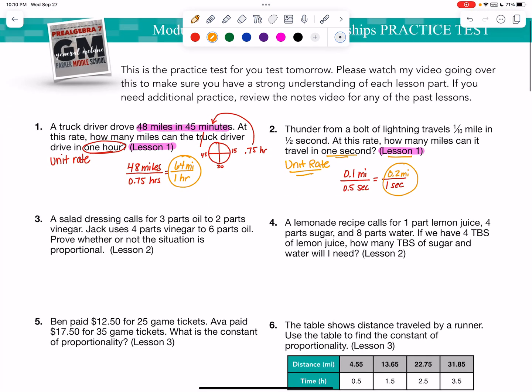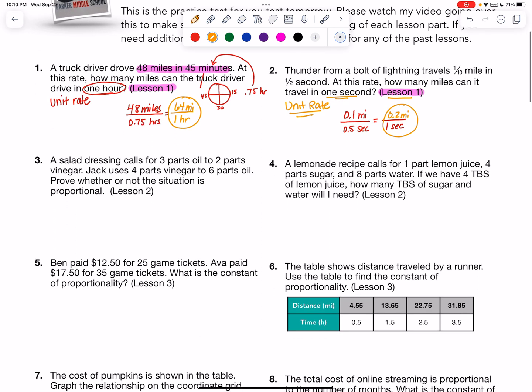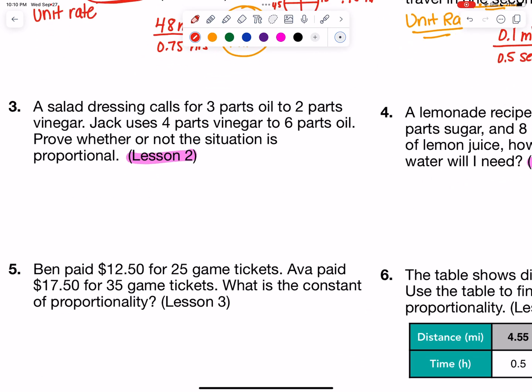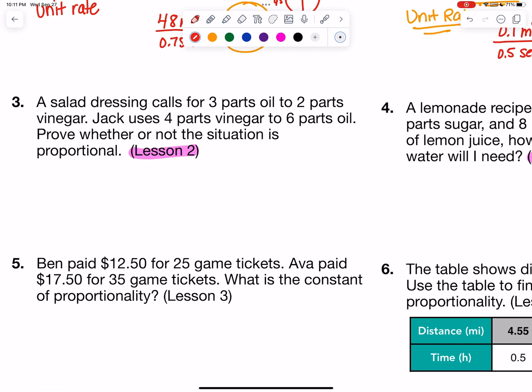There's our unit rate. All right, now we're moving on to the lesson 2 skills. Let's take a look at these. A salad dressing calls for 3 parts oil to 2 parts vinegar. So there's my first ratio I notice. Jack uses 4 parts vinegar to 6 parts oil.